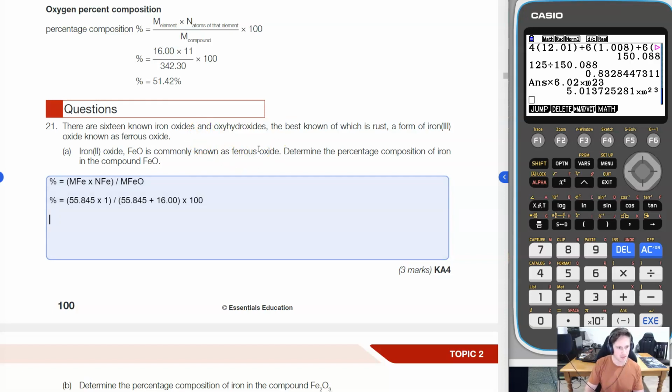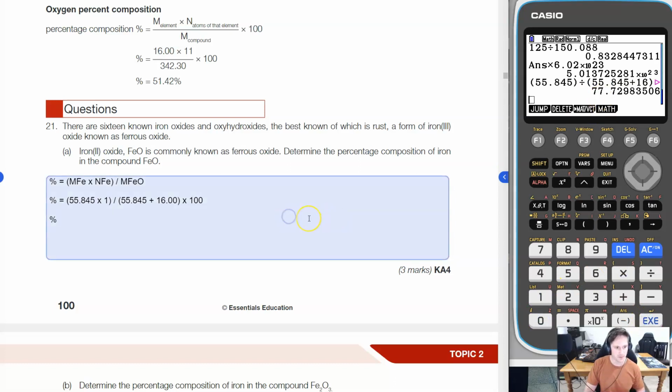Okay, so let's give that a go in our calculator. We'll go 55.845 divided by, I probably didn't need to put that in brackets, but that's okay. 55.845 divided by bracket 55.845 plus 16, times by 100.